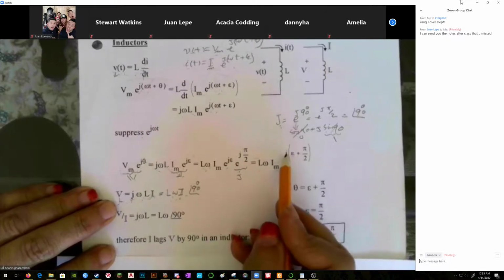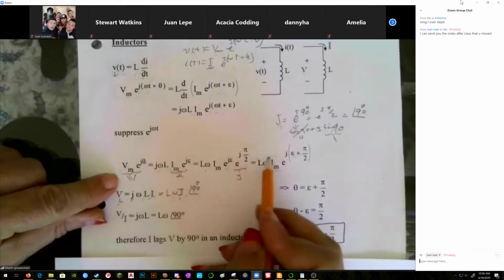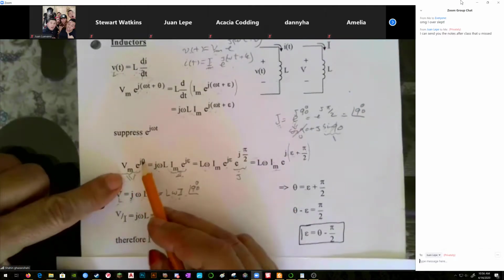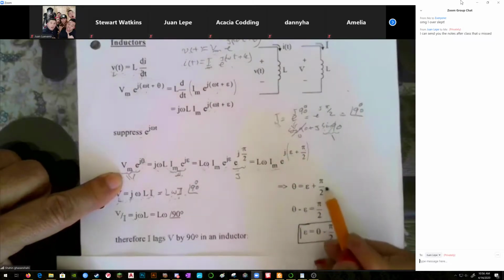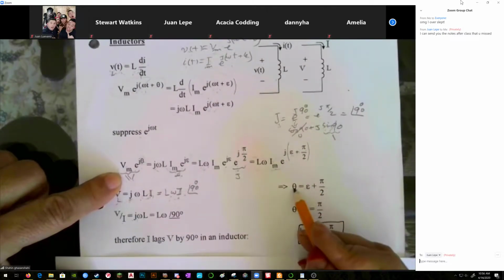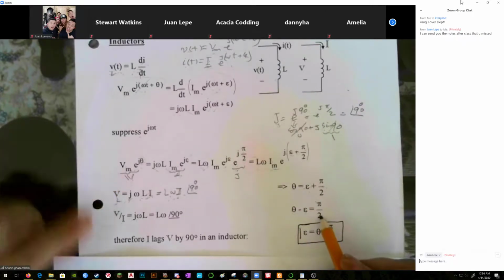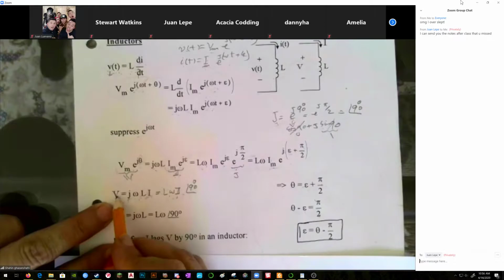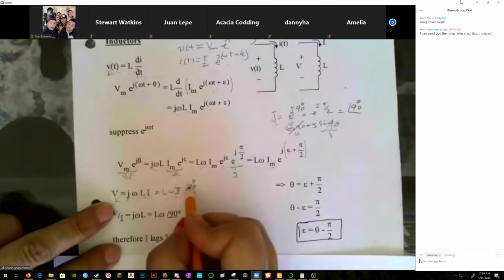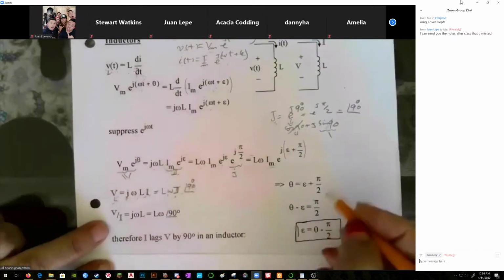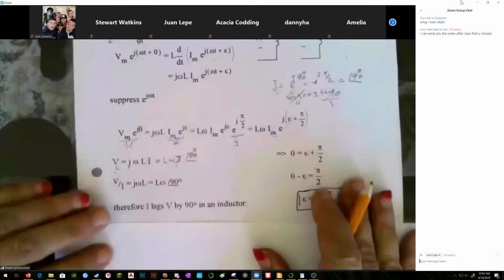You multiply them, you get this. So when I equate these two, your phase angle theta is phi plus pi over 2, or the phase angle difference between voltage and current is pi over 2. Same thing here. The phase angle difference between voltage and current is pi over 2, 90 degrees. So theta minus phi across inductors is 90 degrees.